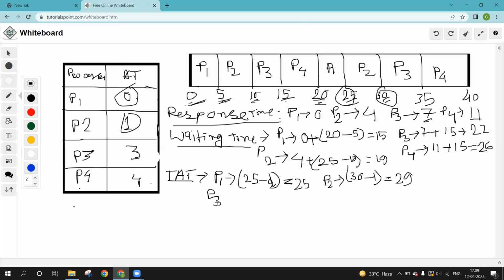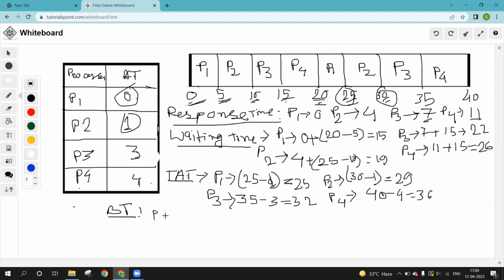For P3, the completion time is 35 and it arrived at 3, so 35 minus 3 is 32. And for P4, it completed at 40 and arrived at 4, so 36.